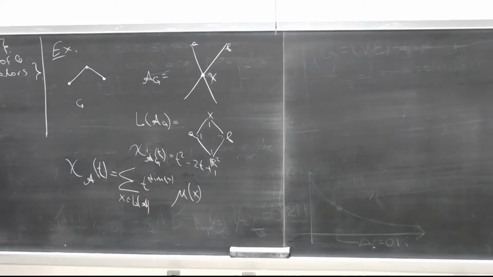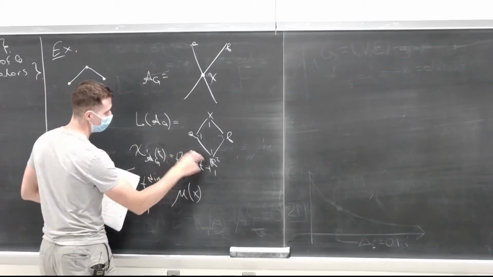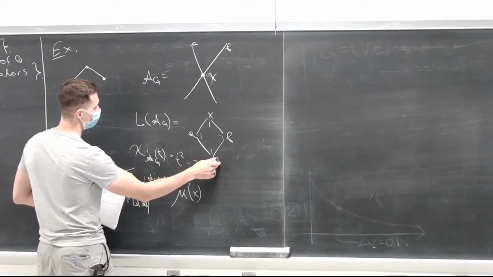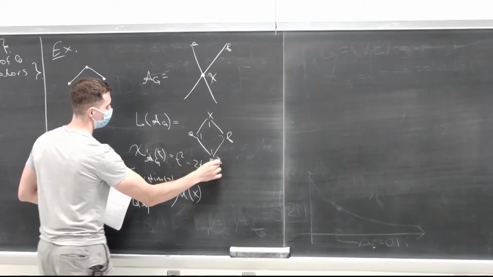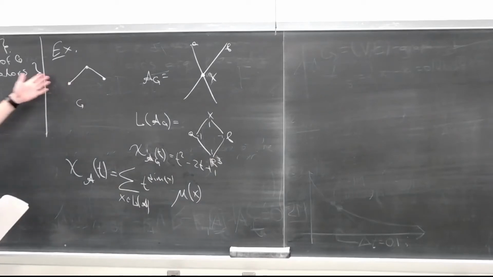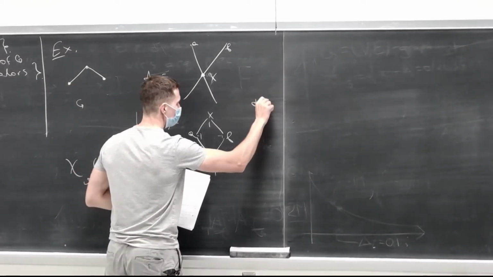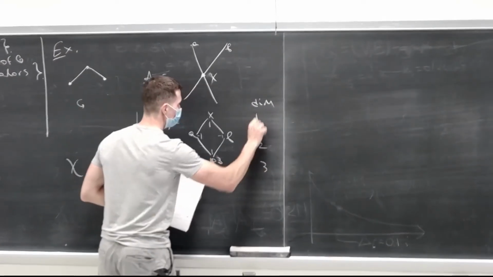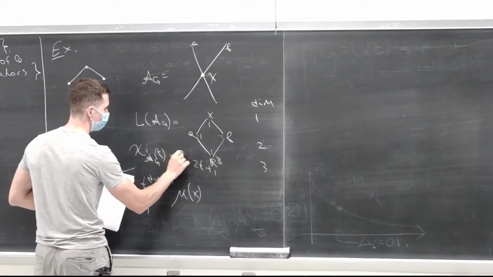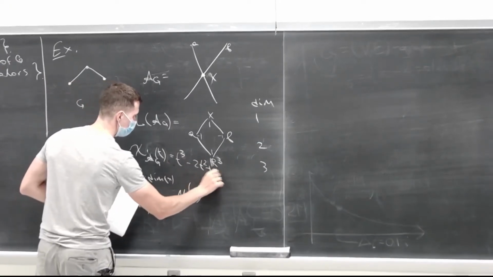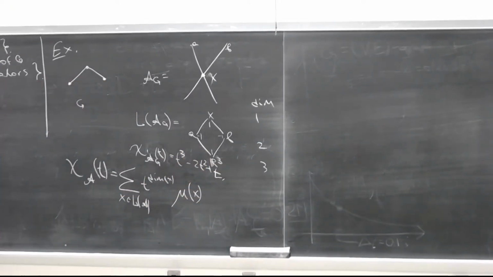Right. So the actual dimensions, this is not R2. This is actually R3, because by definition your arrangement lives in R3, and so the dimensions are 3, 2, 1, and so we multiply this whole thing by t. That's the correct answer.